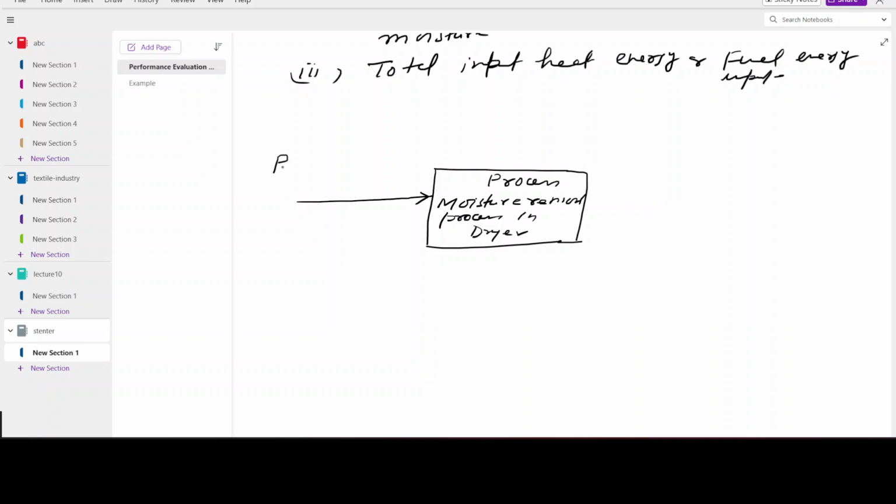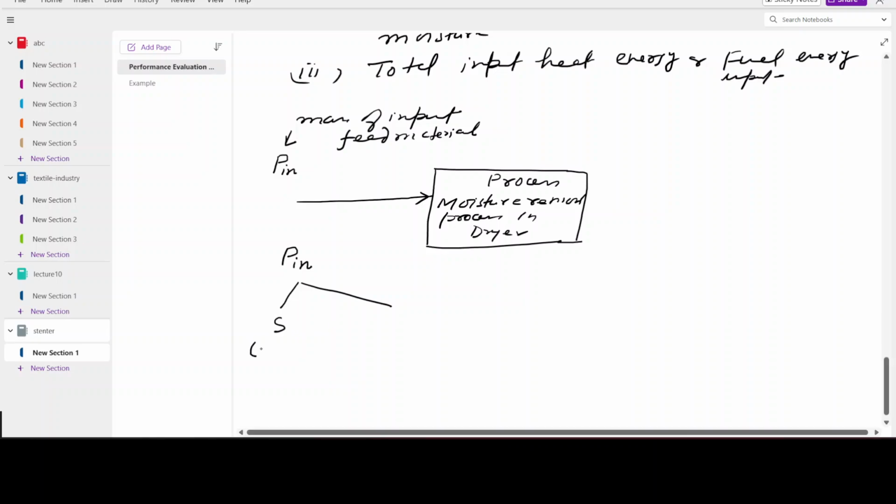Here we have P in. P in is the mass of input feed material, the material that is being fed into the process. Now understand here clearly, the mass that is being fed into the process has two components.